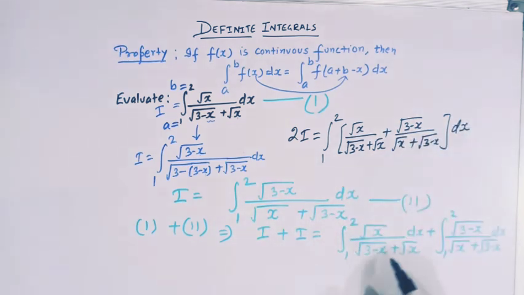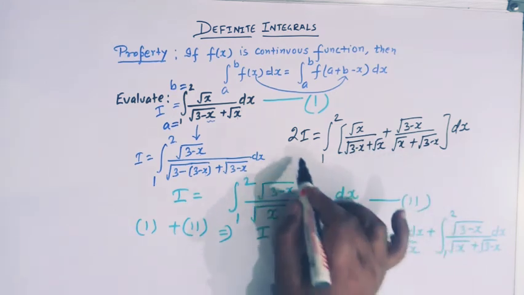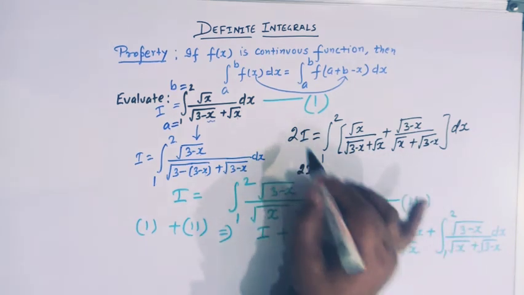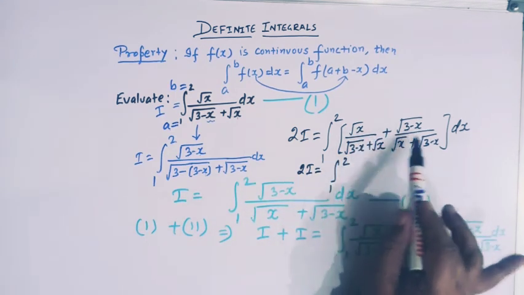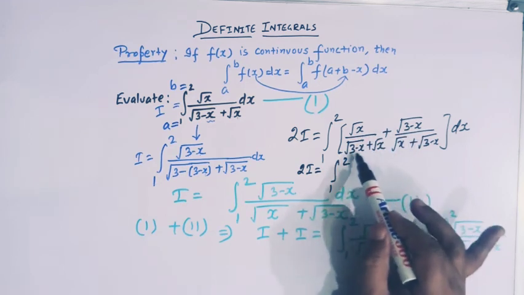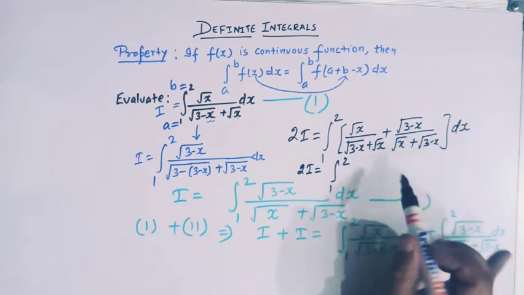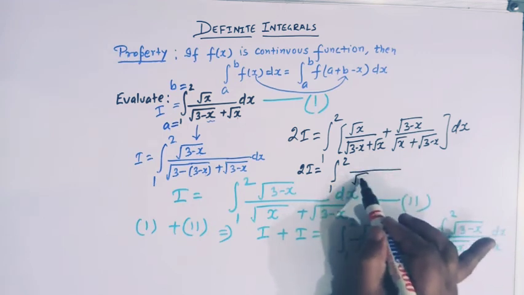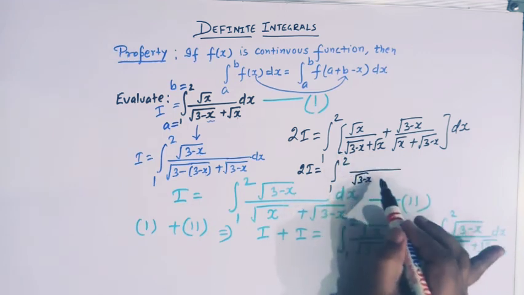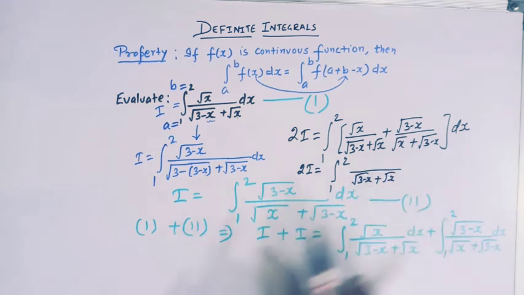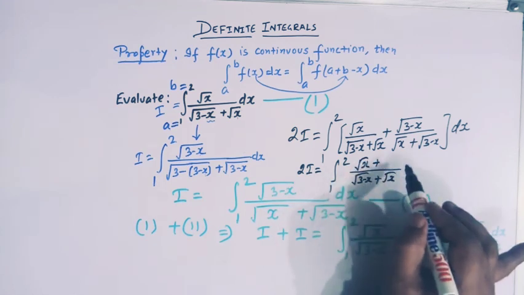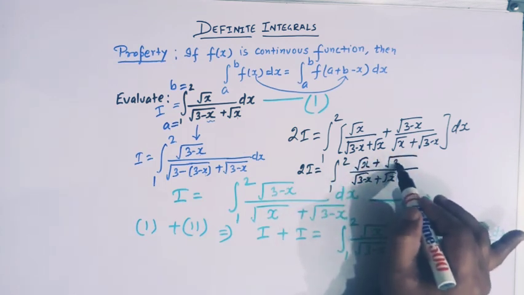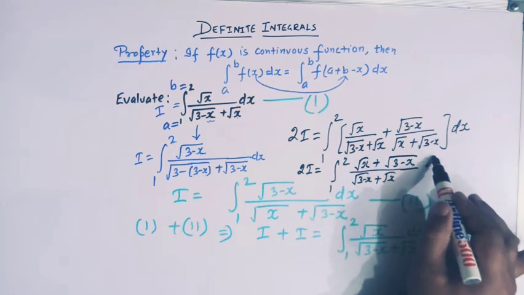We have combined these two terms. So this becomes 2I, the integral from 1 to 2, and the denominator is the same: square root of 3 minus x plus square root of x, and in the numerator we can write square root of x plus square root of 3 minus x.